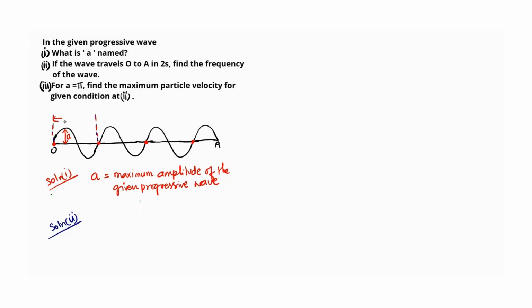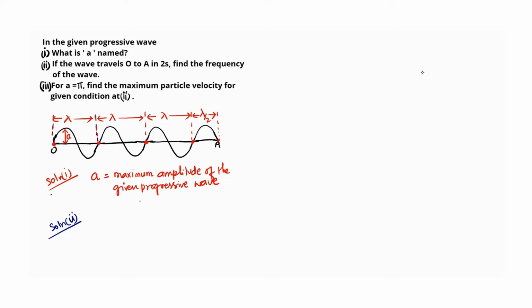This distance is lambda. This is the first complete wave and this is the second complete wave. This distance is lambda and this is the third complete wave. So there are 3 complete waves and this is half wave.